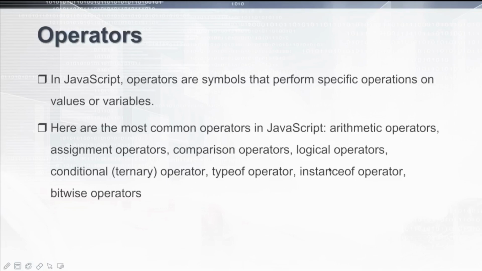So in JavaScript, we have different types of operators based on the operations they carry out. We have arithmetic operators, assignment operators, comparison operators, logical operators, conditional or ternary operator, typeof operator, instanceof operator, and bitwise operators.